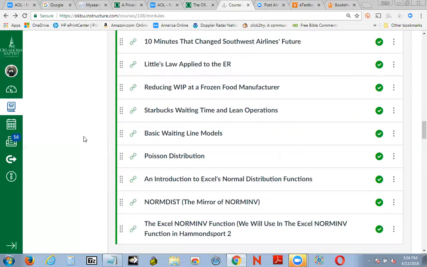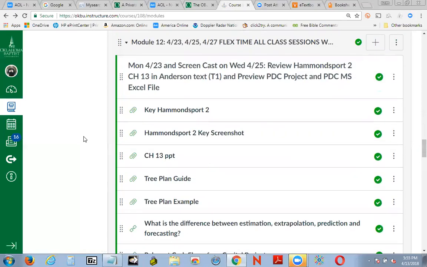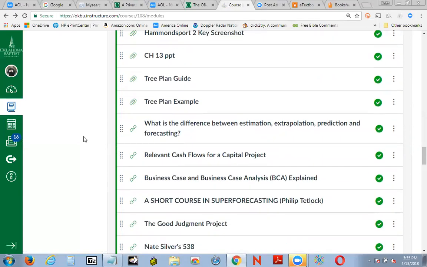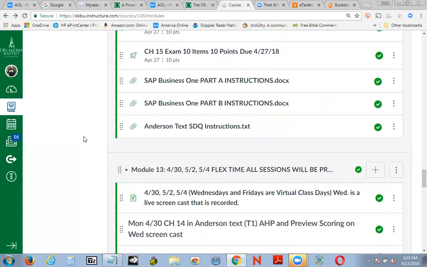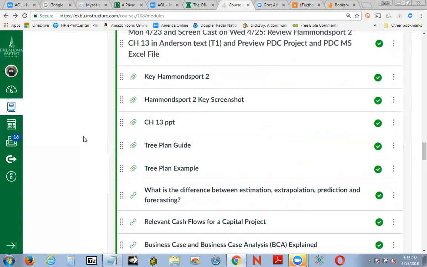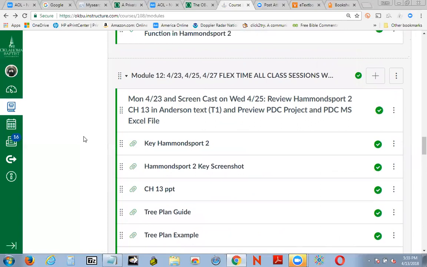I'll do a live screencast on Wednesday, and probably what I will do is take some time to talk about the tree plan and how that works. The reason being, we're moving down to that time.